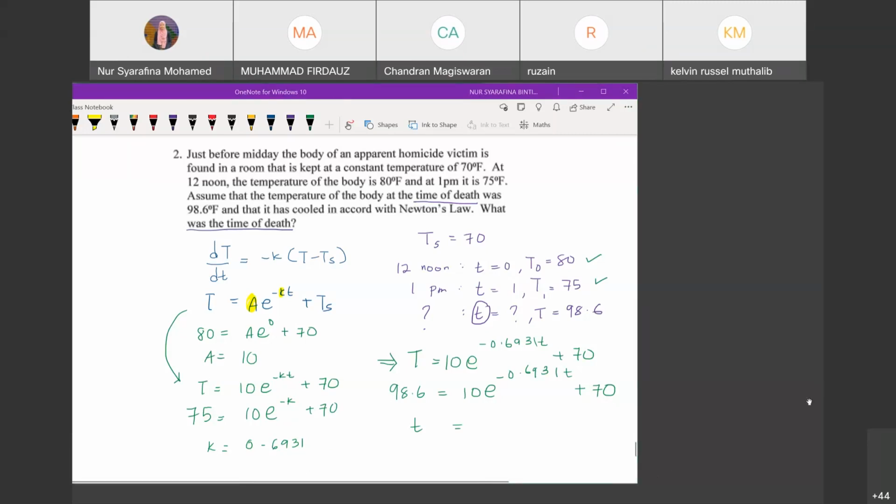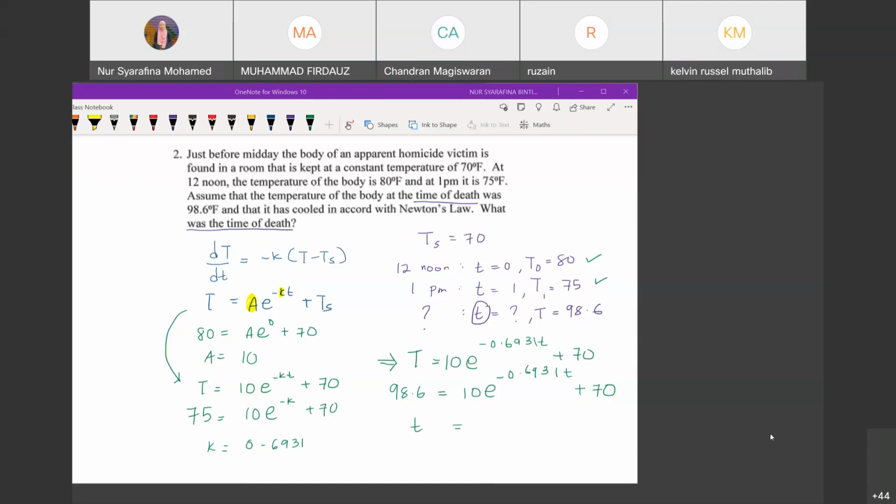All right, you got your t? Doctor, I got negative 1.516.